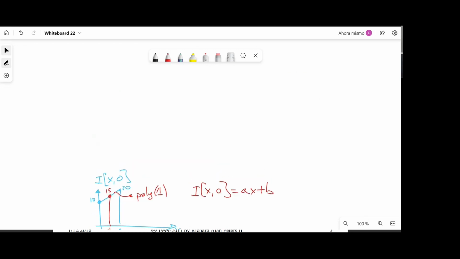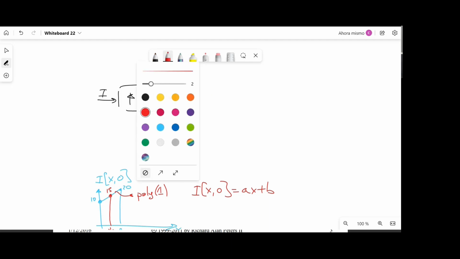We have an image. We are doing an upsampling by a factor of 4, and this operation, the way it is defined, it is like this on different color.